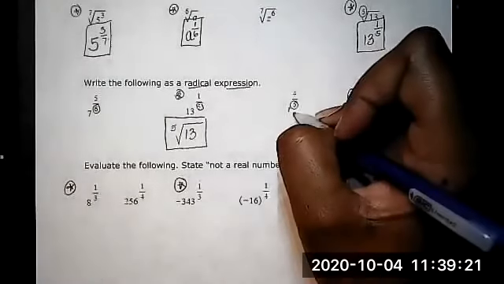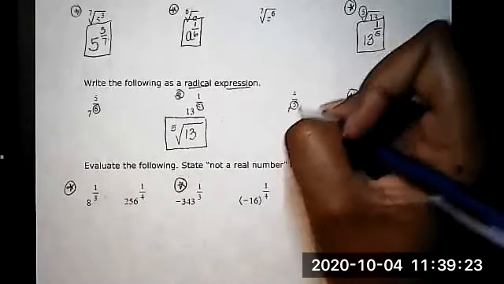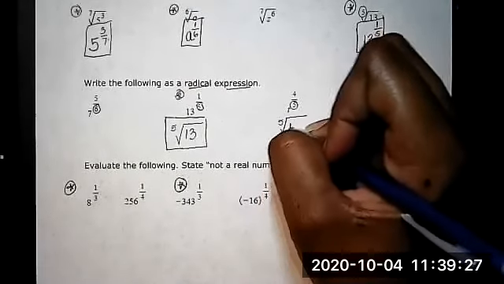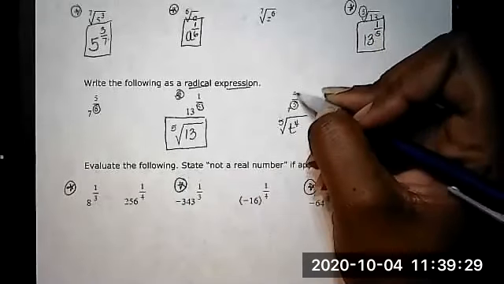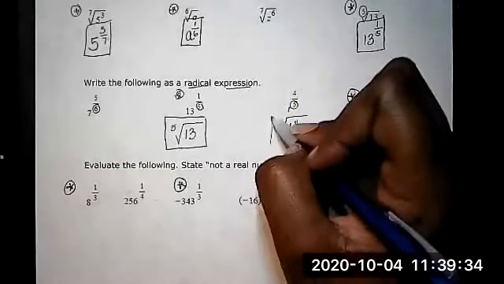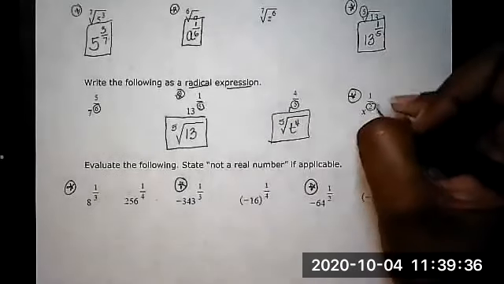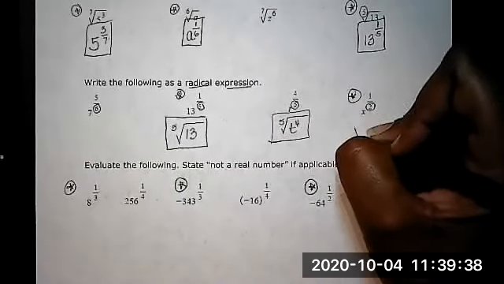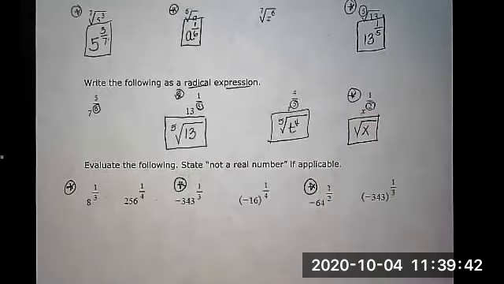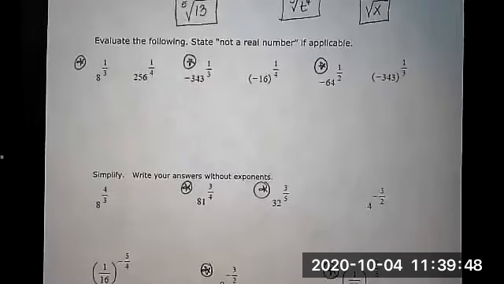If I had to write this, although it's not starred, I wanted to show you the 5th root of t to the 4th power. The top number is your exponent, okay? In this particular situation, the root is square root, of x to the 1 is the square root of x. Okay. So those are your answers there.